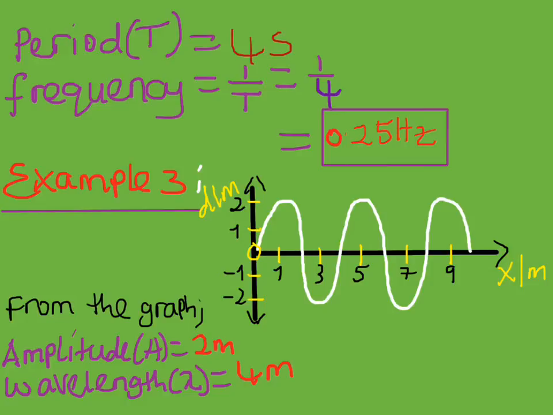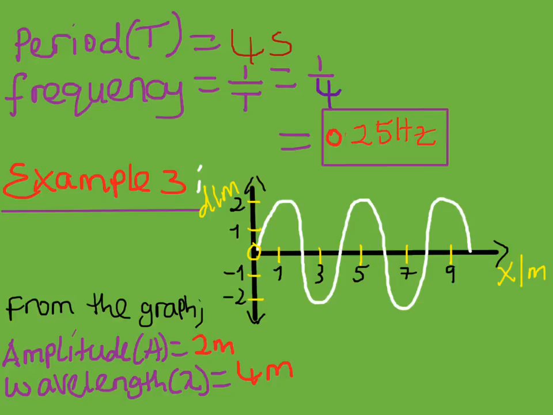From 0 to 1 to 3 to 5. Before 5, we already have one complete wave. And so the point that marks one complete wave is at the point 4 meters. Remember, it is calibrated in a difference of 2 meters.